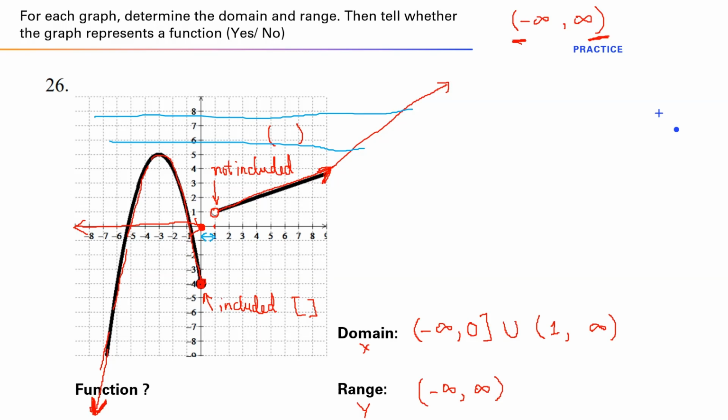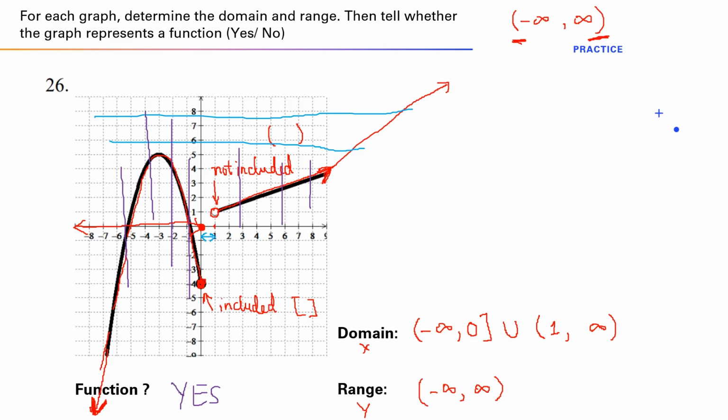the vertical line test. So every time we make a line, it crosses once, right? So is that a function? Yes. And actually this one will be a piecewise function. The piecewise function is a lot of pieces of graph.